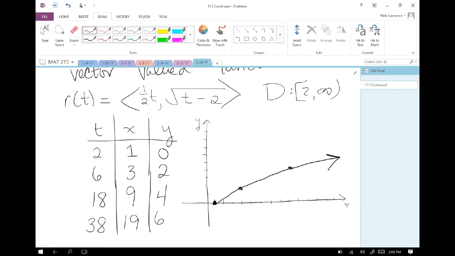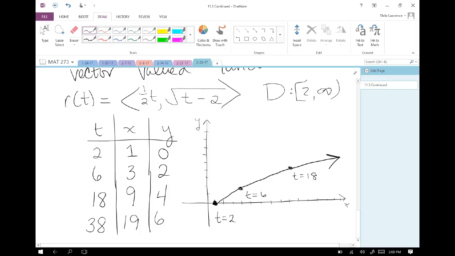There is another way, and that would be to eliminate the parameter and change it to a rectangular equation. So this first point corresponds to our t equals 2. That's the start of our domain. The second point corresponded to t equals 6. That third point was t equals 18.